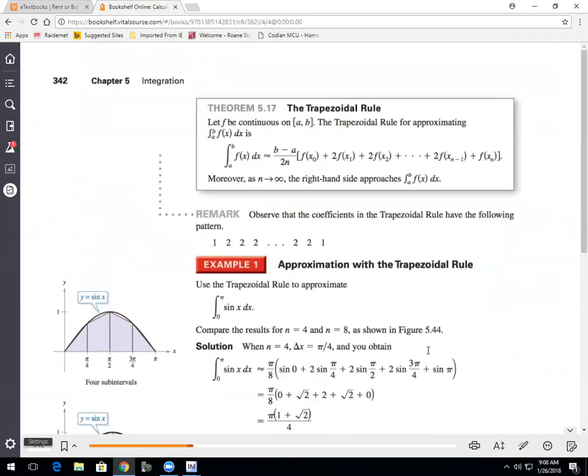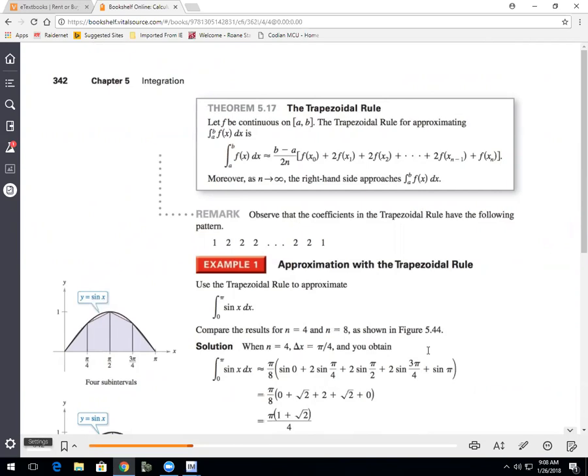Let f be continuous on an interval from a to b. That's what guarantees that there is an antiderivative in a definite integral from a to b. On the right-hand side of that equation, it tells us how to find it if we can't find the antiderivative.